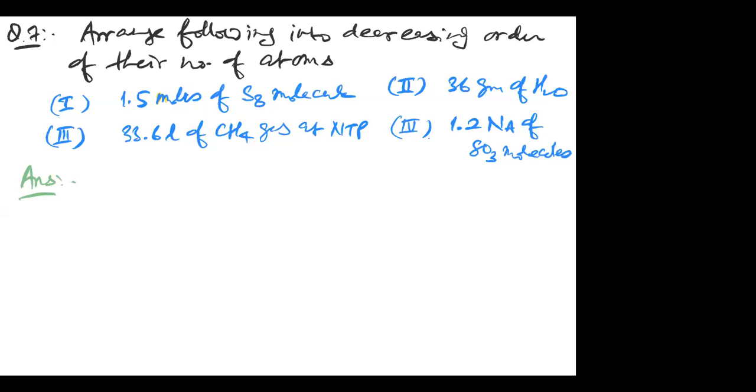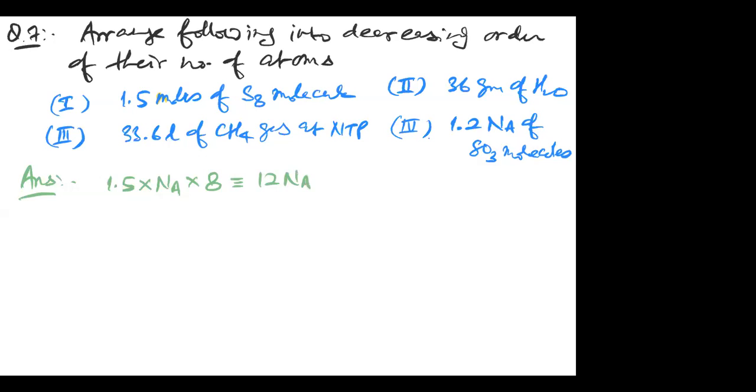In the first one, 1.5 moles means 1.5 Na, multiplied by 8, since S8 has 8 atoms per molecule. 1.5 into 8 is 12, so it comes out to be 12 Na.